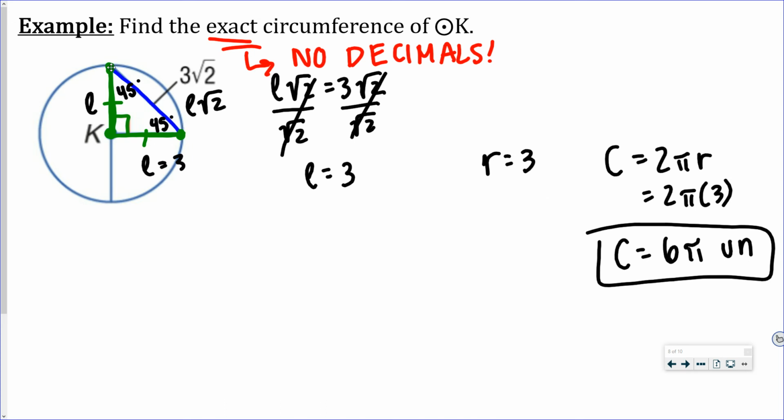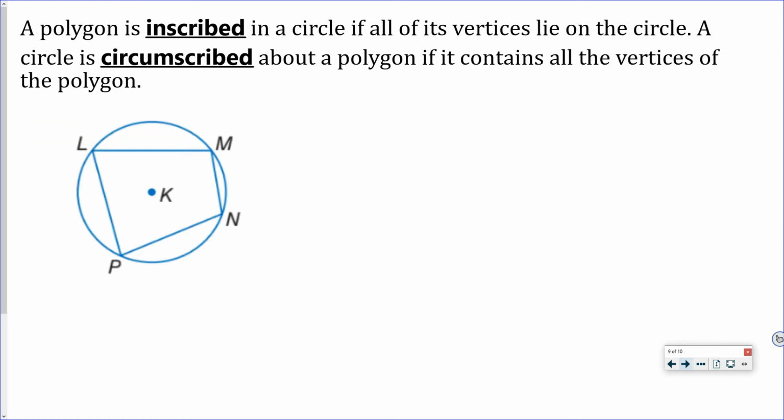Okay, only one other thing we have to talk about. Okay, I don't think we've talked about this vocab before. A polygon is considered inscribed, and it can be inscribed of another shape or a circle, if all of its vertices lie on the edge of that shape.